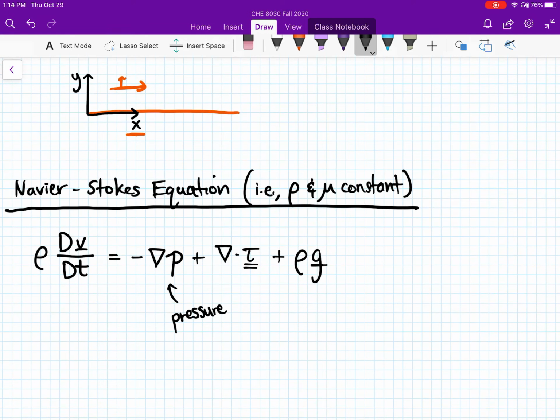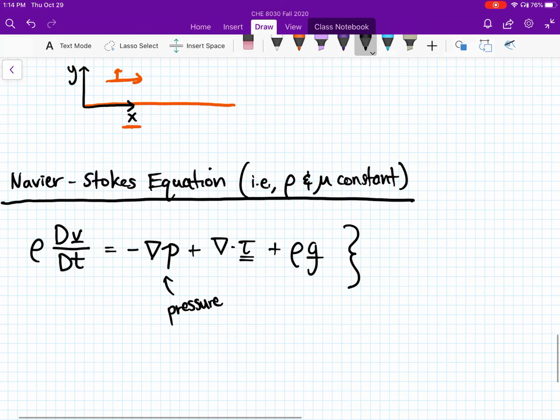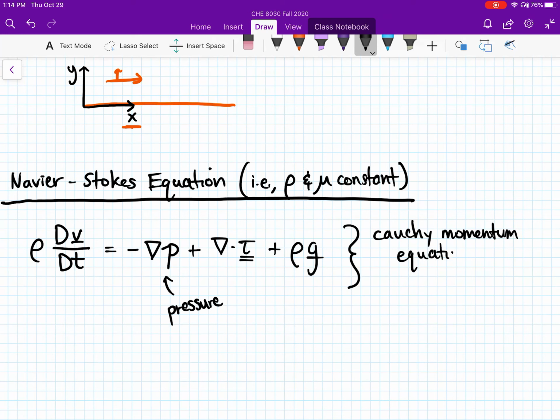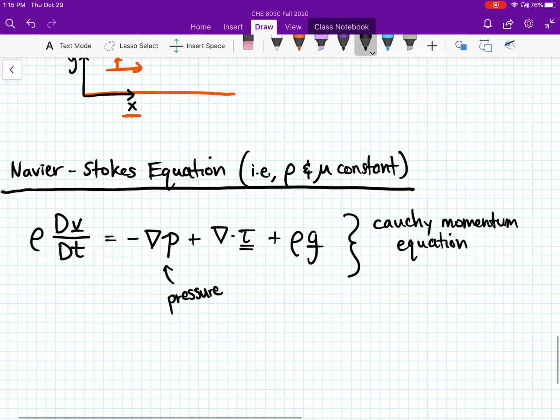Okay, so Navier-Stokes equation. We're trying to derive that. Here, what I'm showing you is what is known as the Cauchy momentum equation. So how do we get from the Cauchy momentum equation to the Navier-Stokes equation?